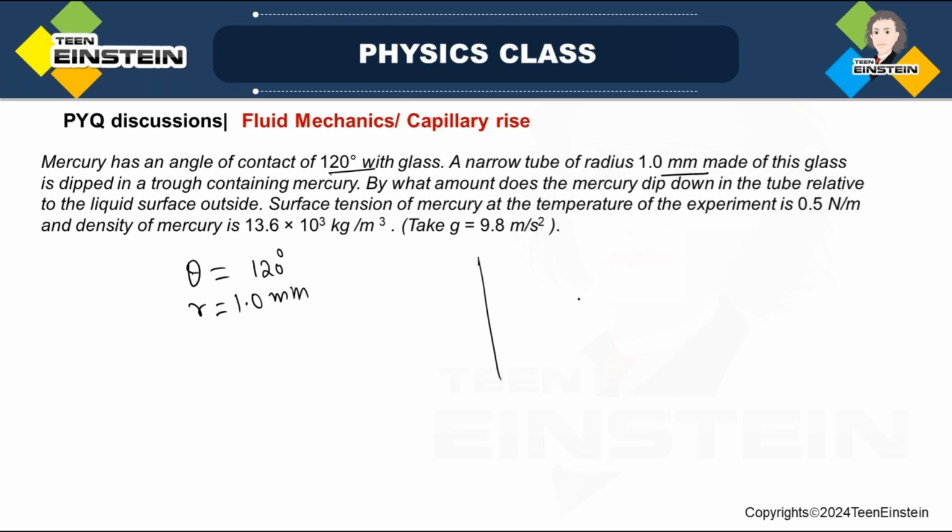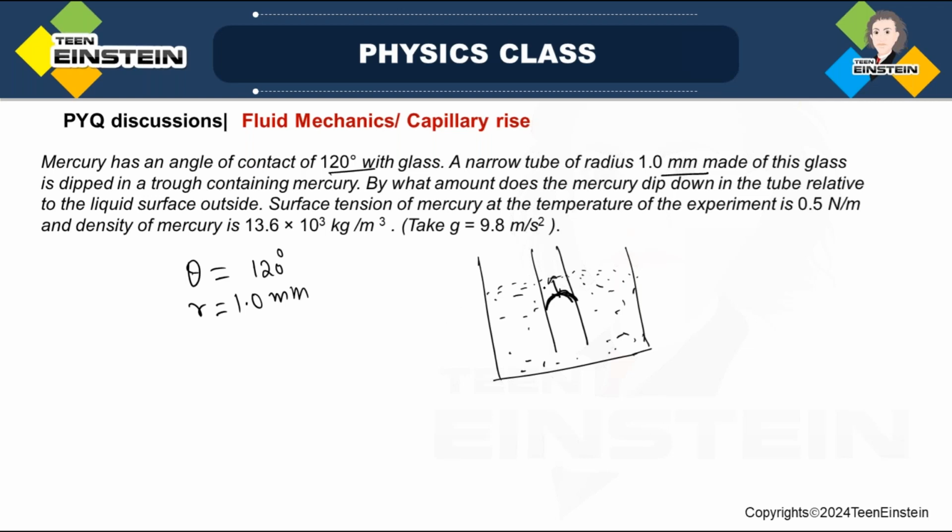See, in case of mercury, what happens inside the capillary? Suppose this is the mercury level outside, and for a capillary tube the level will be a little depressed, like this. This is the original level here, but it is dipped down by some height h, let us say.